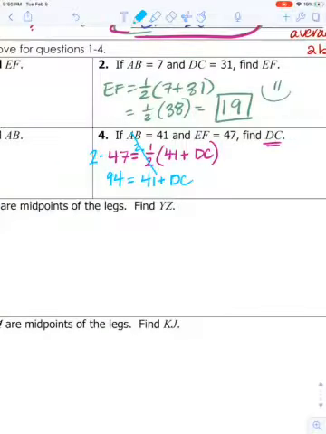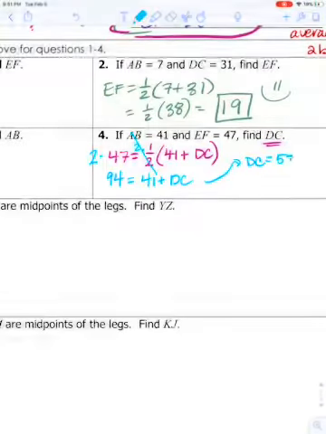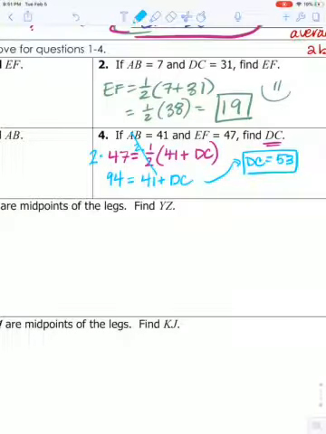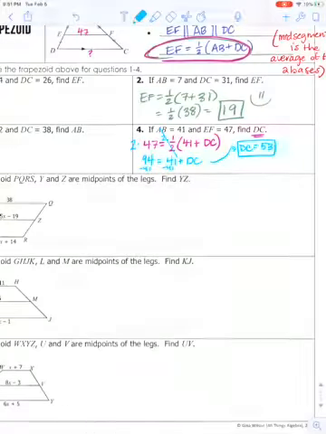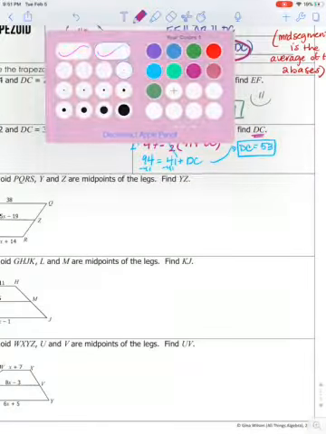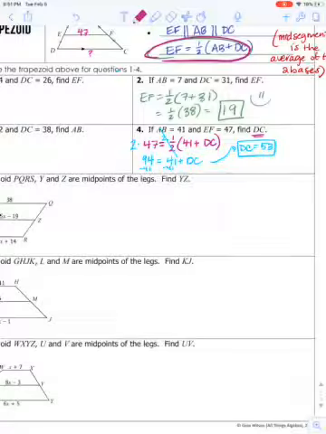All that's left is to do 94 minus 41. So DC is 53. I subtracted 41. So that's a working backwards type of problem.